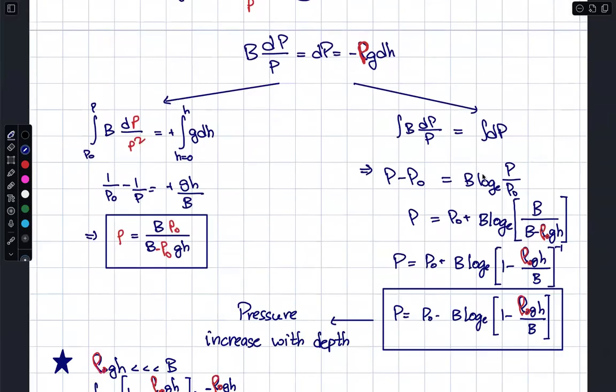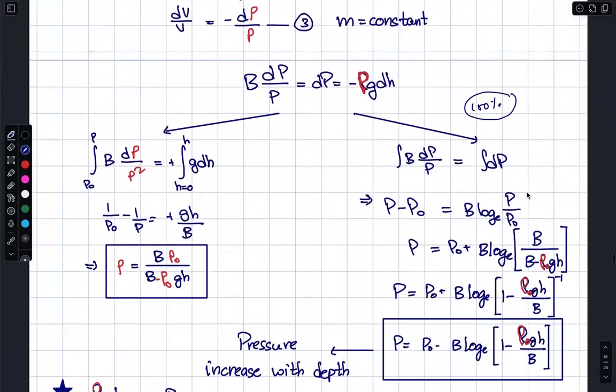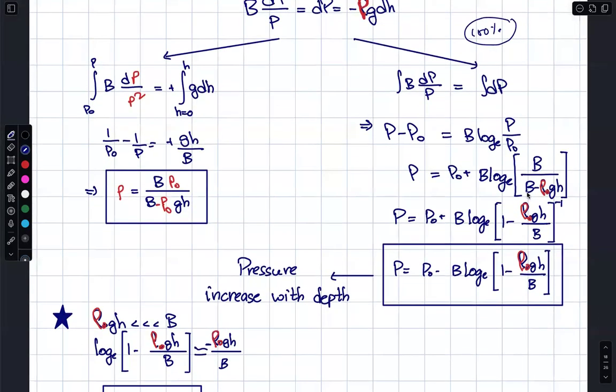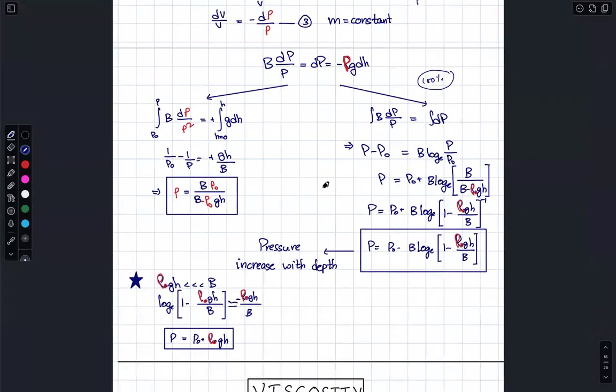Remember, 100% you will get this question, which means you need to solve this question in two ways. In any case, I will derive this.